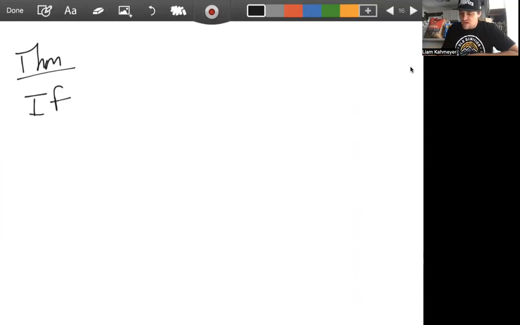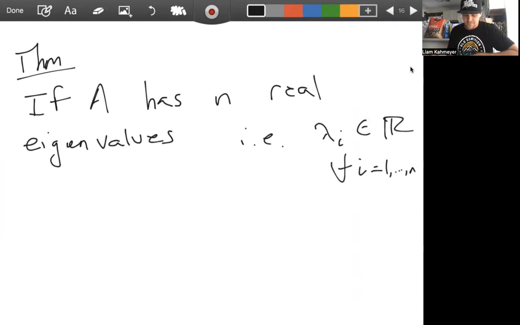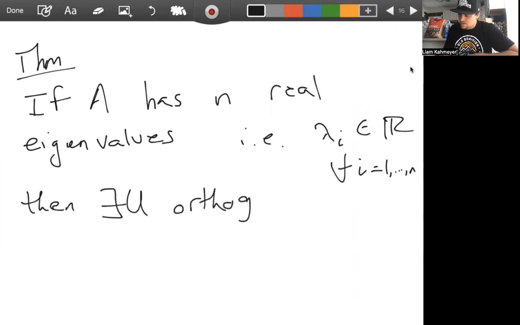Okay, I have another theorem relevant to spectral theory of orthogonal matrices. Let's say A has n real eigenvalues, i.e. lambda i is an element of R for all i ranging from 1 to n, then there exists an orthogonal matrix U such that U transpose A U is upper triangular.